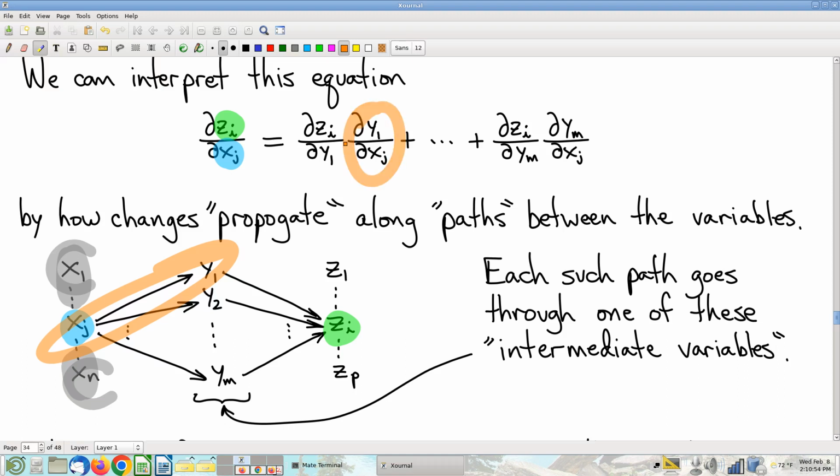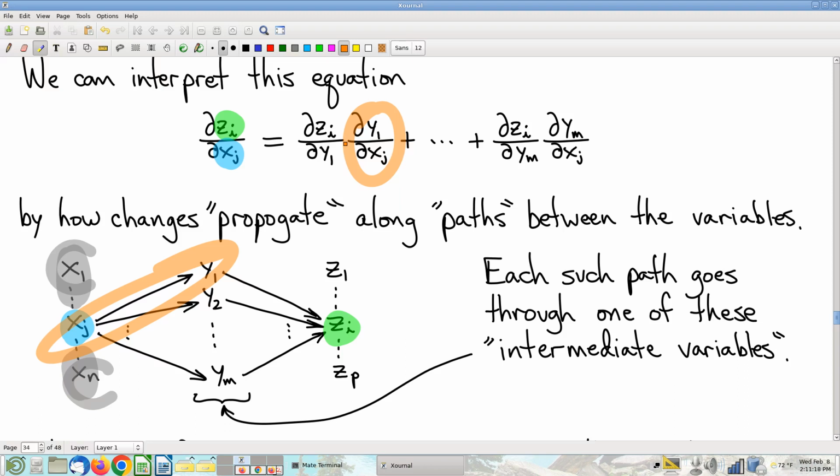So this factor right here, partial y1 over partial xj, is in recognition that however much xj changes, y1 is going to change proportionally by this factor. Not necessarily more, but you know what I mean.